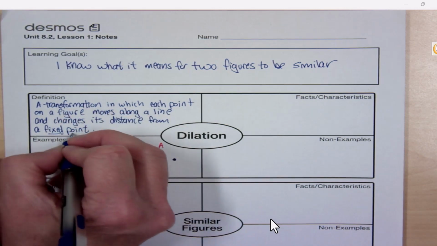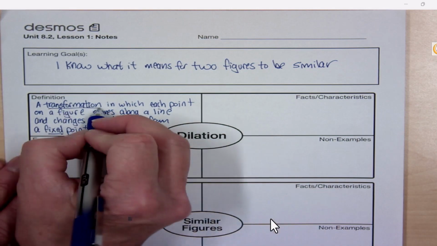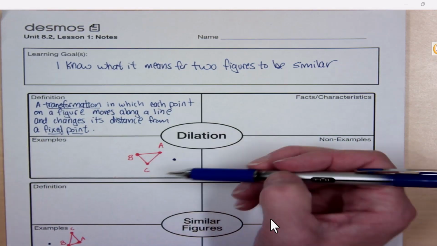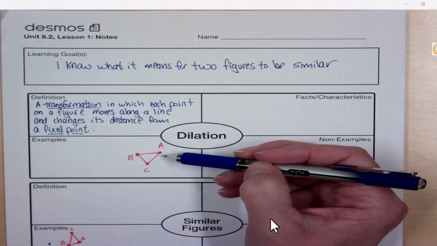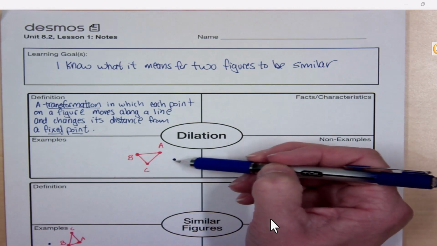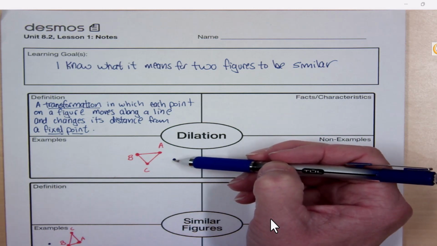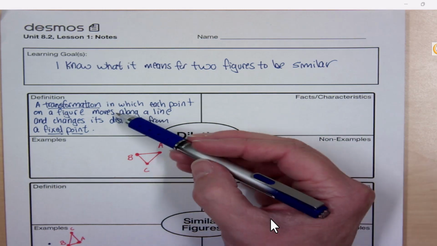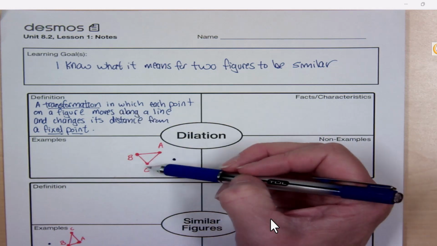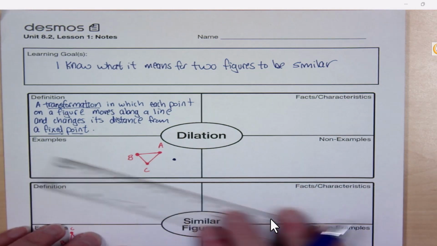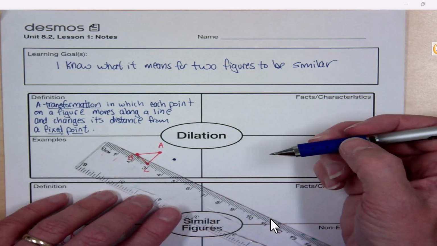I think that's going to make a little more sense if we do a figure with this in mind. So I've cheated and started with triangle ABC here, and I've made a fixed point over here. We'll give that fixed point a name in a few minutes. But let's do this transformation. Each point on this figure is going to move along a line and change its distance from a fixed point.